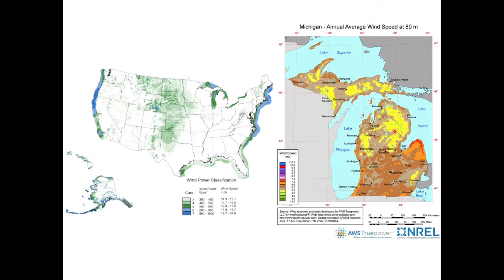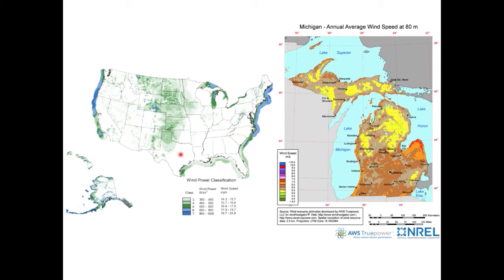If you look at the areas in yellow, so for example here in the lower right we have Detroit, much of the area to the northwest and west of Detroit has very low sustained wind speeds, and so that's why we would never build wind parks here in this area of Detroit. We would build the wind turbine infrastructure along coastlines. And we see the same thing when we look at the map of the United States on the left side of your screen.